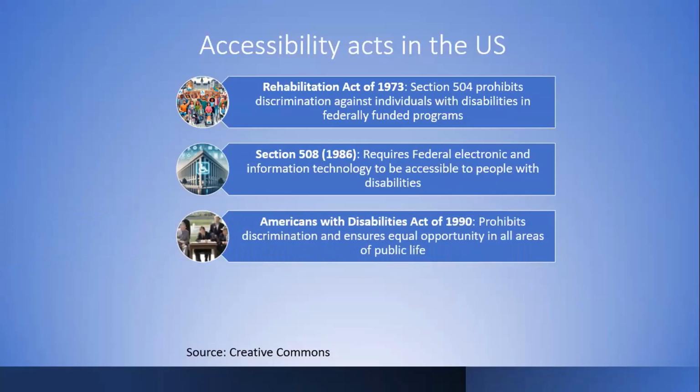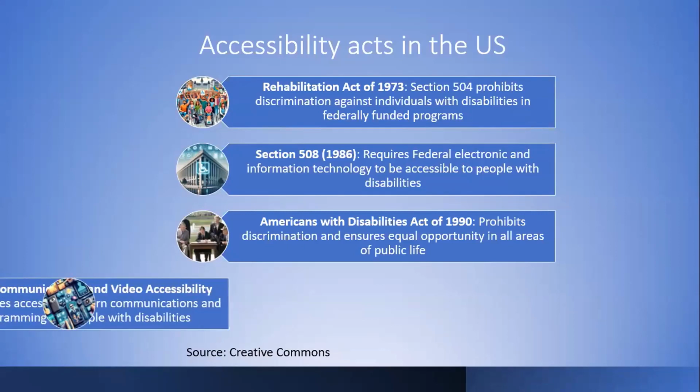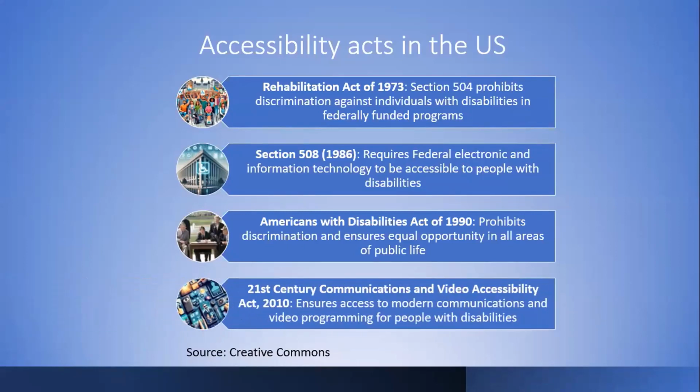And you have the American Disabilities Act of 1990, which prohibits discrimination and ensures equal opportunities in all areas of public life. And the latest is the 21st Century Communications and Video Accessibility Act, which was launched in 2010. It ensures modern communication and video programming for people with disabilities.